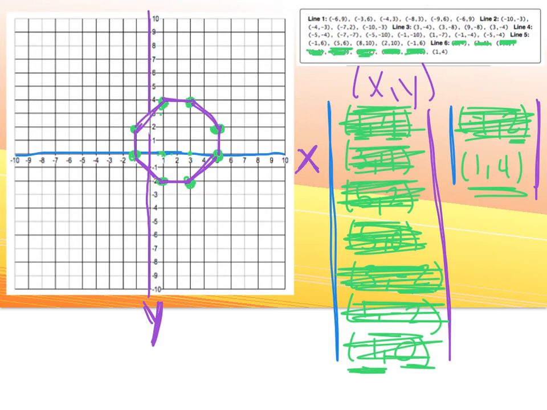And I have 1, 2, 3, 4, 5, 6, 7, 8. That's an 8-sided figure. This is an octagon. So on this side, I just did line 6, we completed it. Line 6 gave me an octagon.